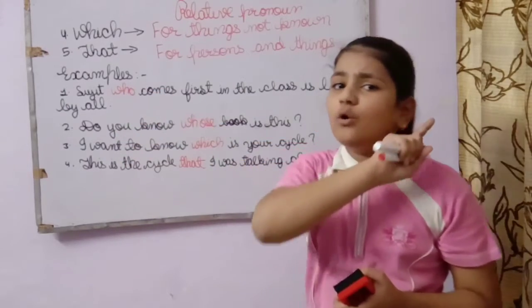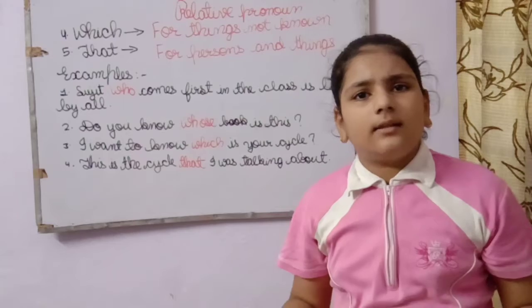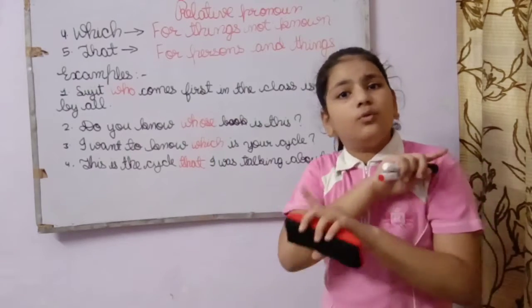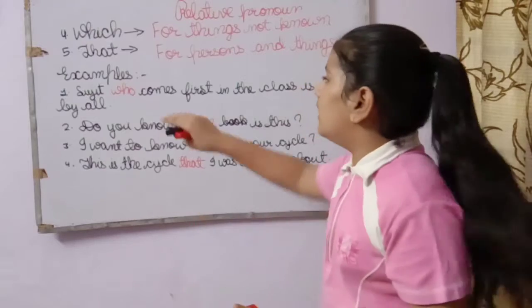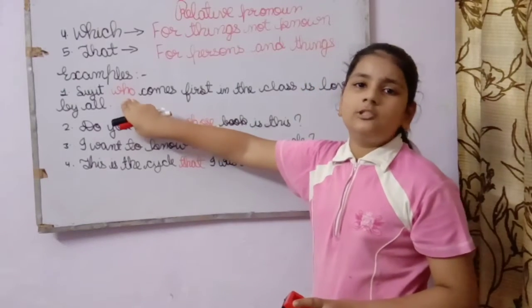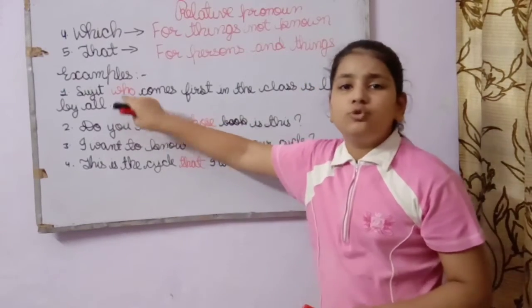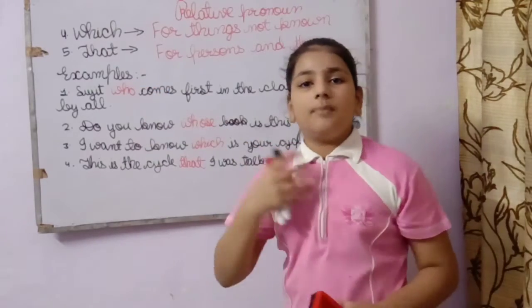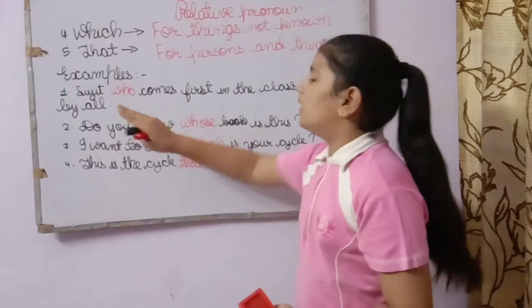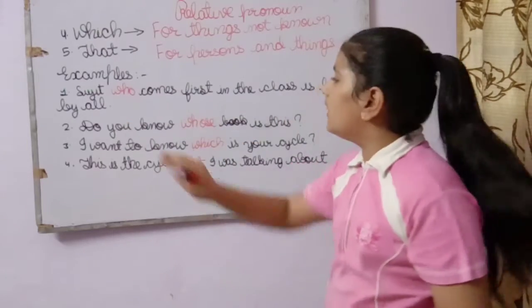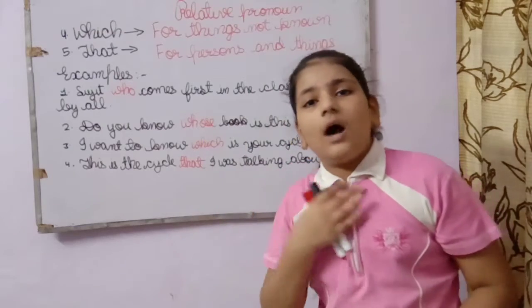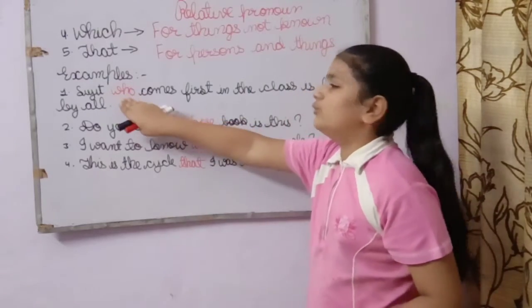In my neighborhood there is one child of class 5th, that is Sujit, and I know who is Sujit. So I know, so I'm going to use "who".